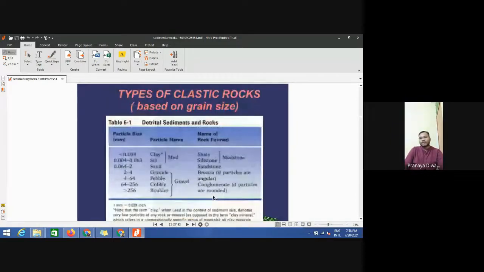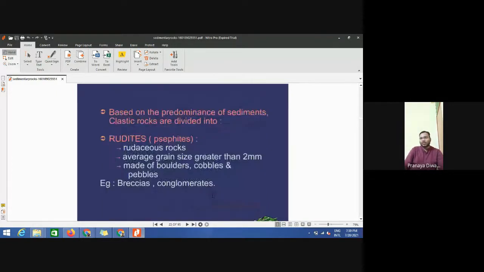What types of clastic rocks do we have? Clay, silt, sand, granules, and so on. These are the different types of clastic rock.